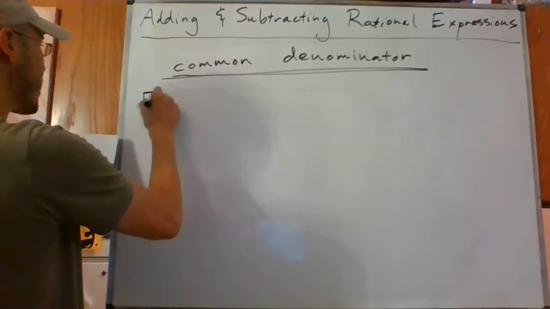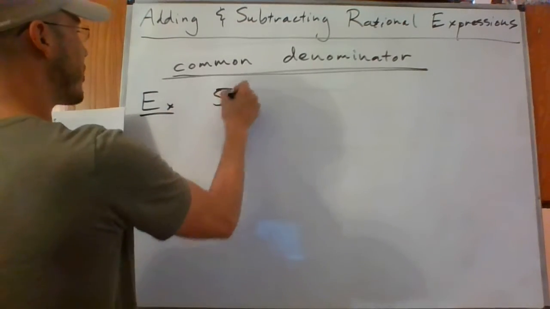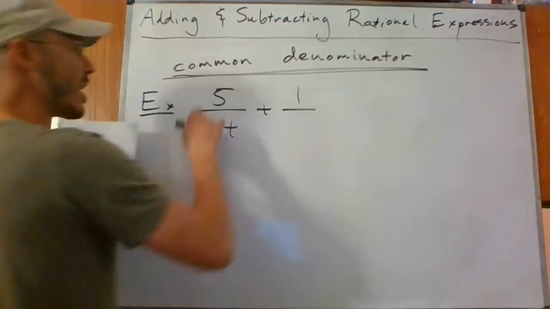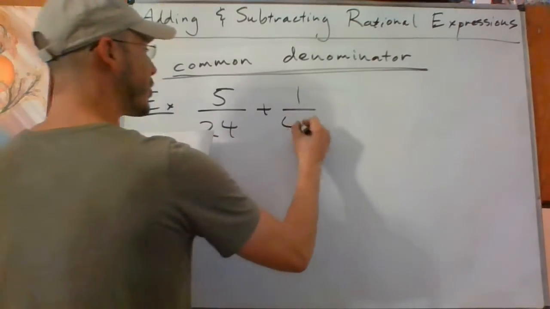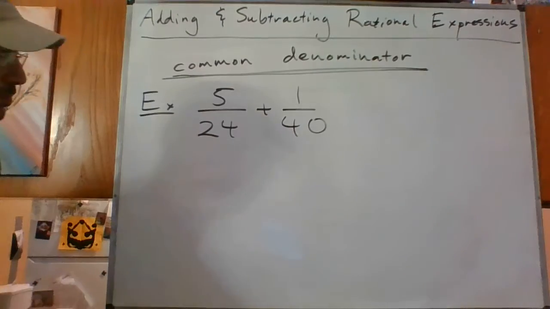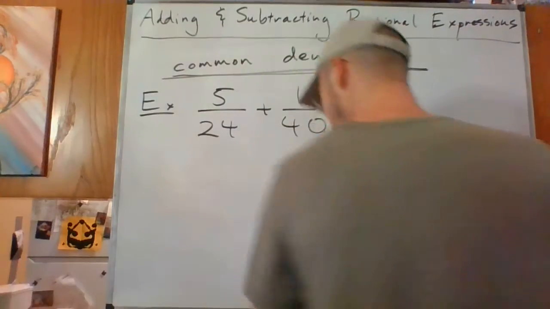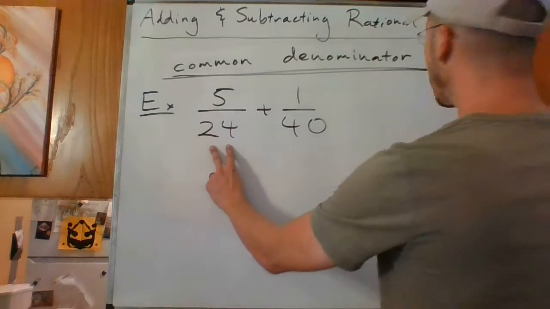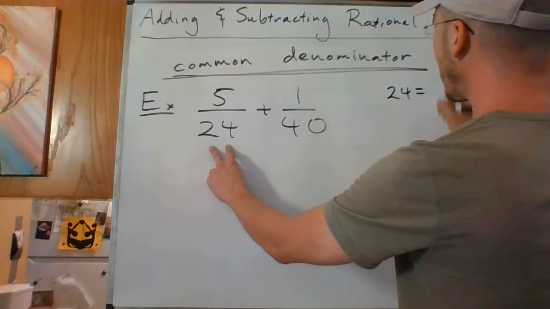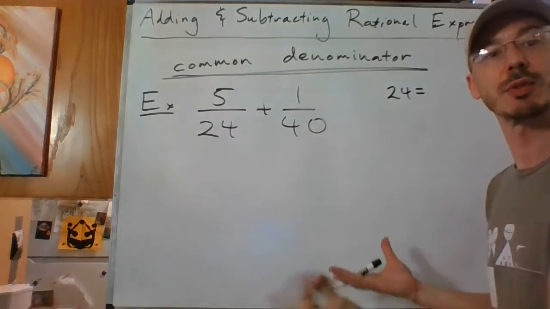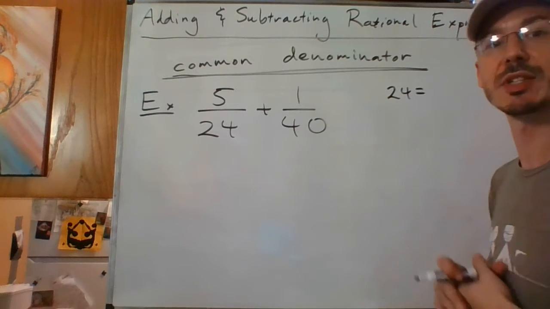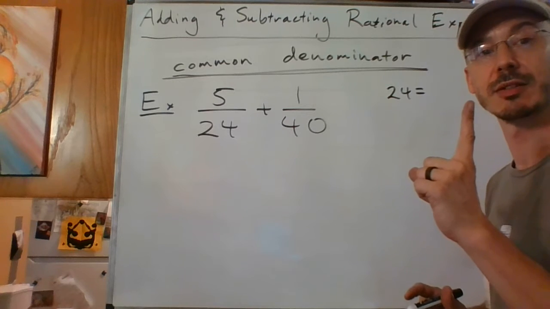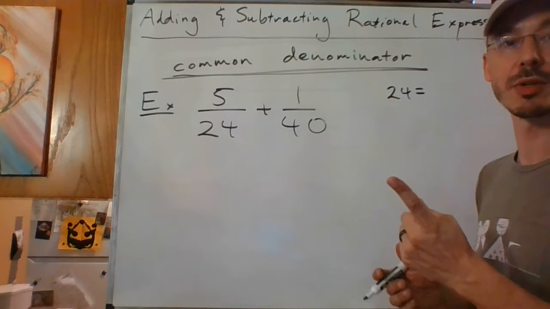Here's the example with numbers. So 5 over 24 plus 1 over 40. I'm going to do this with the least common multiple. First of all, though, 24. 24 is 2 times 12 or 3 times 8. There's a lot of different ways to factor it, but there's exactly one way to factor it into prime numbers.